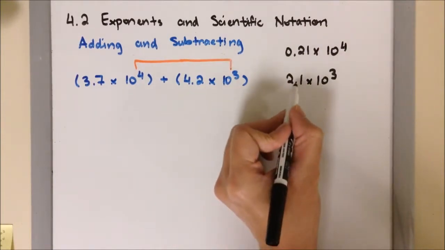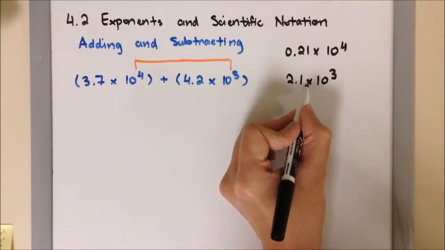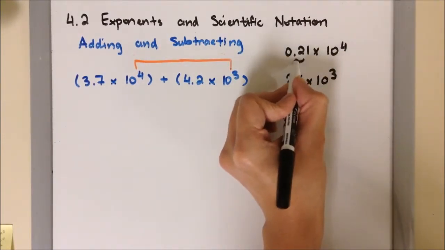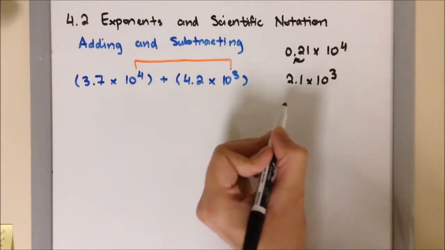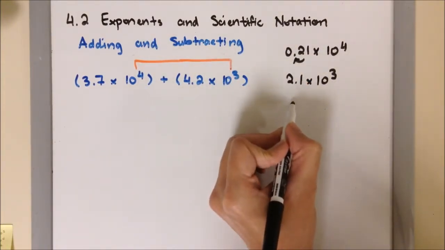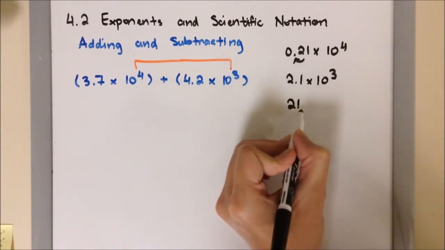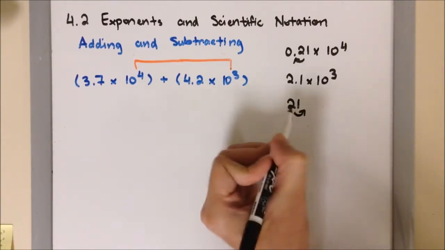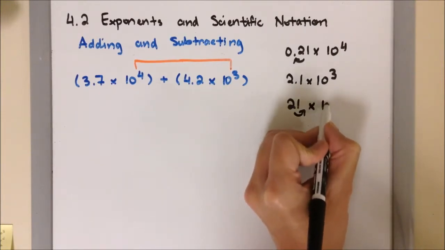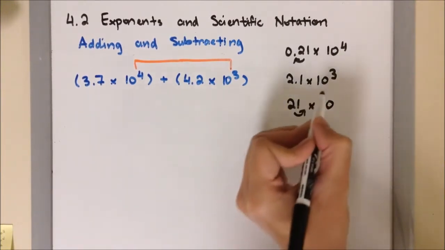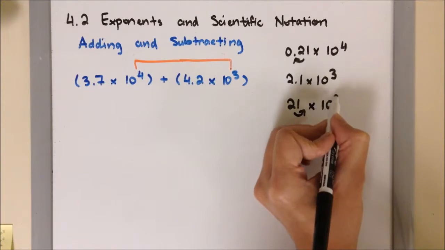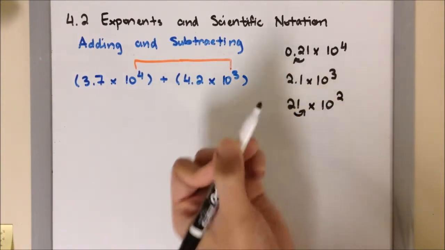Now if I were to move it one place to the right, since I moved to the right, I'm going to subtract from the exponent, so that's going to be 2.